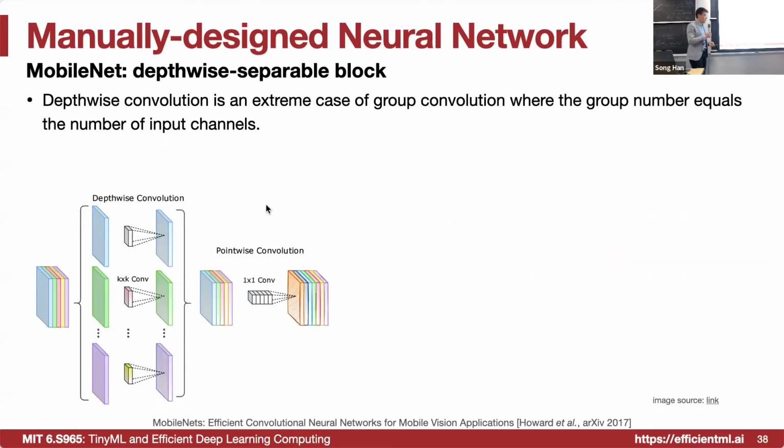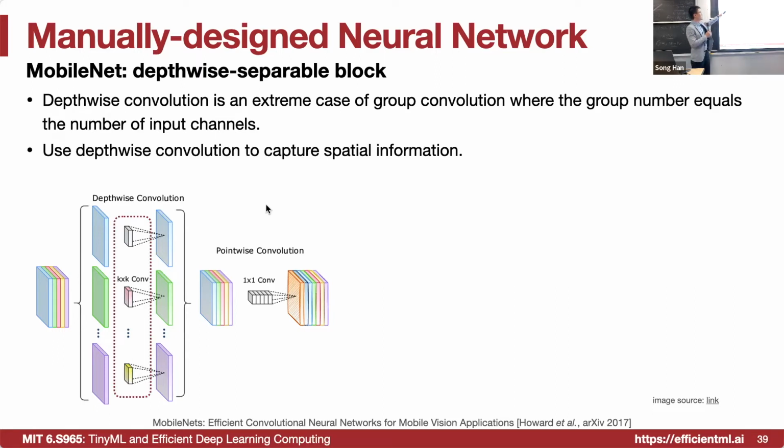All right, so in 2016, 2017, people proposed MobileNet targeting mobile devices, by utilizing depth-wise convolution. Depth-wise convolution is an extreme case of group convolution where the number of groups equals the number of channels. In this example, we have depth-wise convolution to capture the spatial information, but it doesn't merge the information across different channels.